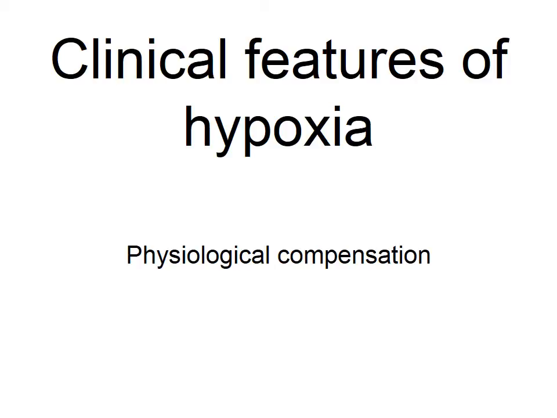So we need to look for the body's physiological compensations, and we need to look for the actual effects of hypoxia itself. These are the two causes of the clinical features. So we're going to start off by looking at the physiological compensations, but to do this, first we need to look at a bit of underlying physiology.